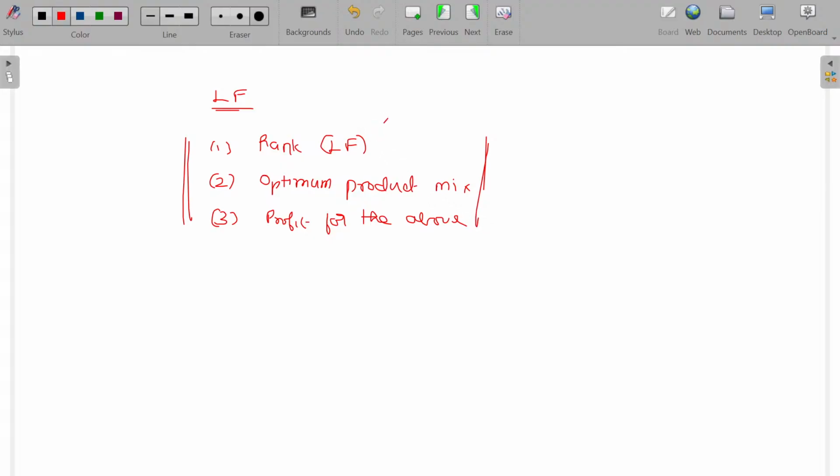You know that the limiting factor could be of what? Sales units, sales rupees, resources. While deciding the optimum product mix, you may be given a minimum quantity to be sold in all the different varieties you sell, and restrictions on the market by way of a maximum number of units saleable may also be given.